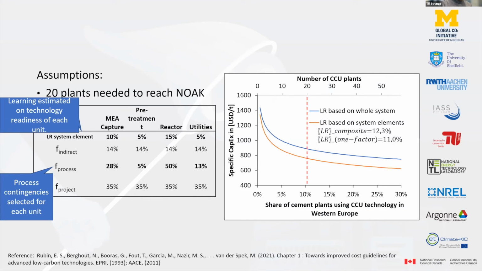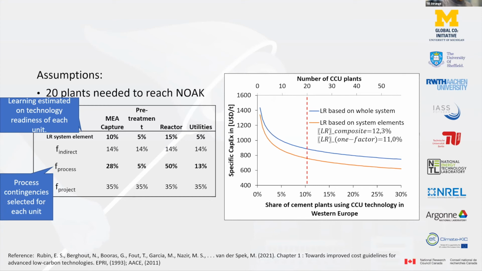And what we see here now is that we come to a very similar result. If we have a learning rate that we derive at the individual unit level, we got, in this case, a bigger learning rate. So we see a stronger decrease in the capital costs.